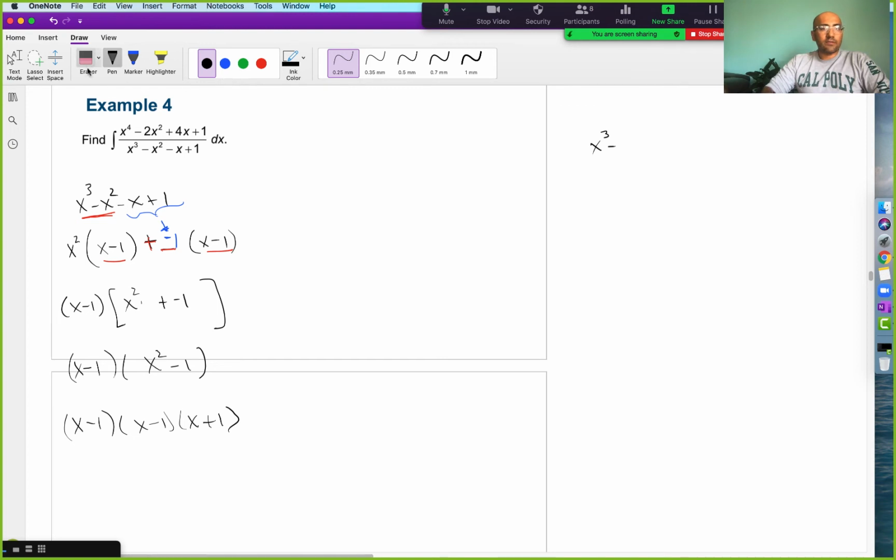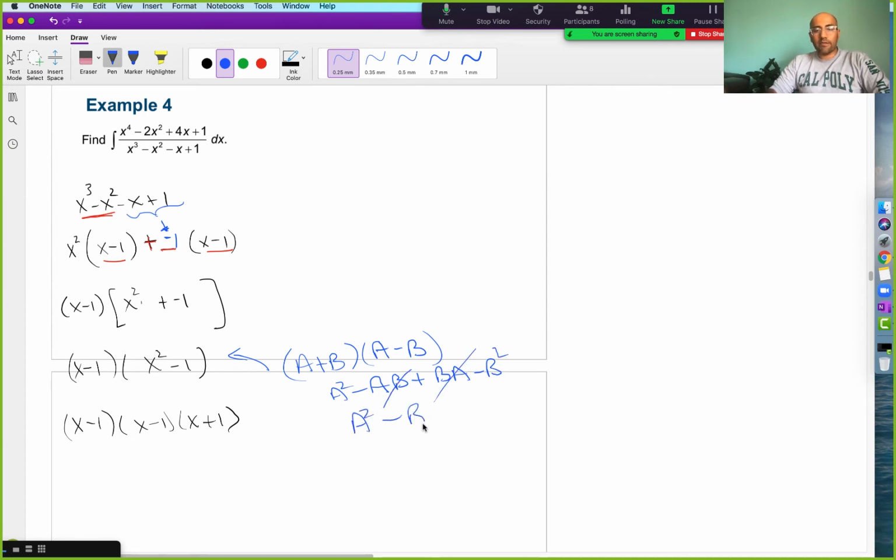That just comes back to, just put it in case you forgot. This is this. Whenever we have 2 binomials that look almost identical, but one has a plus, one has a minus, when we FOIL them, we're going to get this special property that the middle terms cancel out. And so we end up with a squared minus b squared.